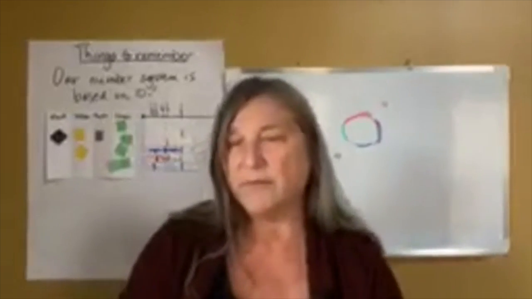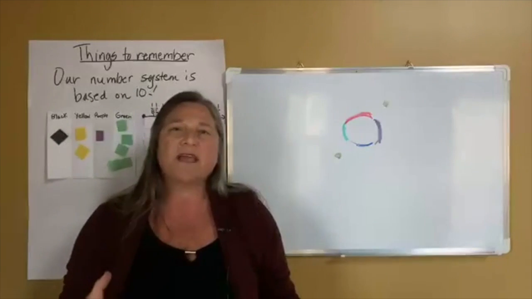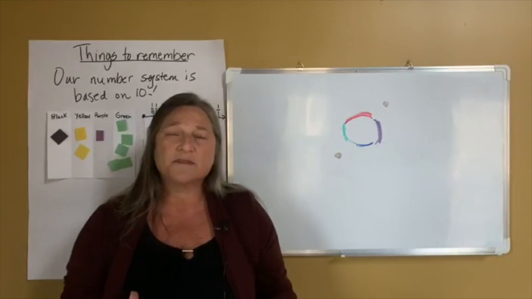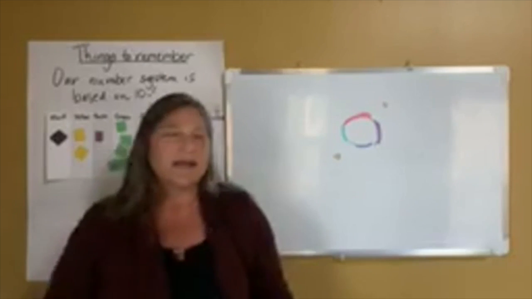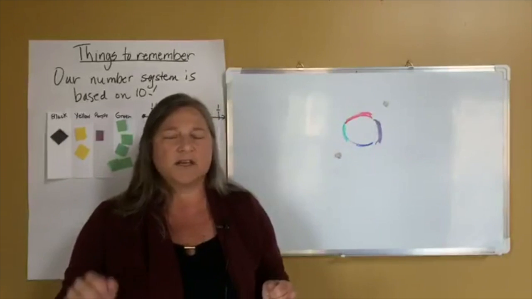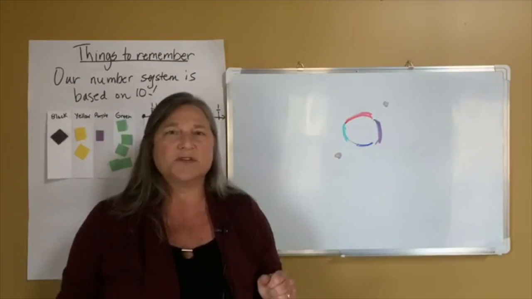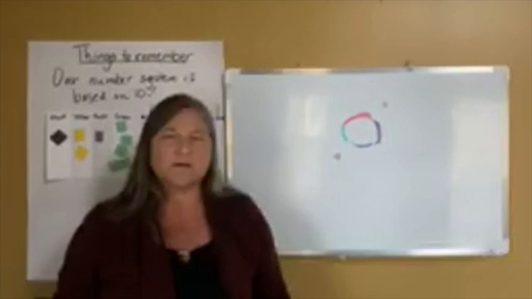Now, something you can do with your students or your children at home is an angle scavenger hunt. Find angles around the room. You could say, find an angle that is acute, find an angle that is obtuse, find two angles that together are complementary or supplementary.